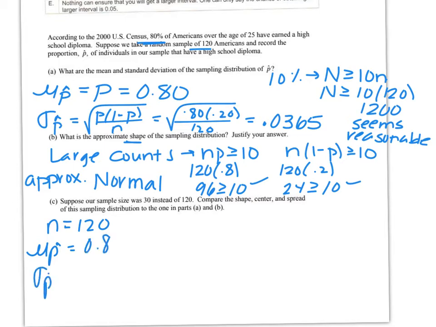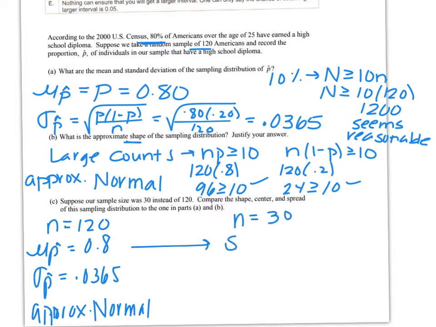We know that the standard deviation was 0.0365, and that it was approximately normal. If I change n to 30, the mean stays the same. The standard deviation should increase, right?